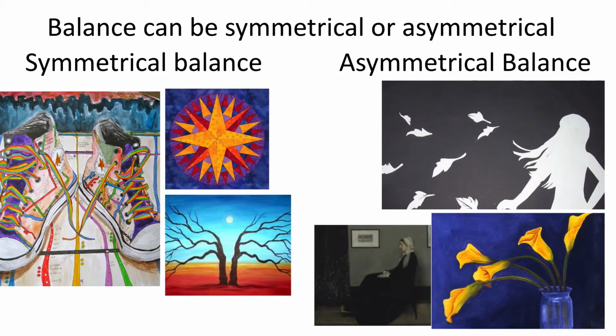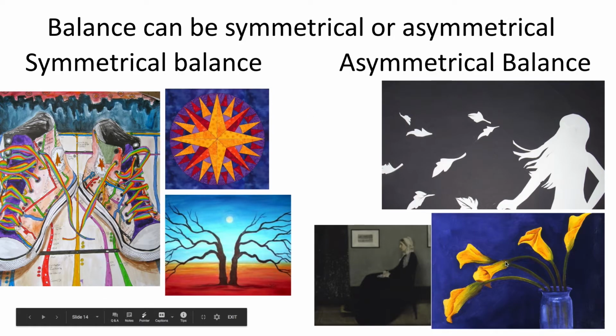Same with the famous painting, Whistler's Mother, the lady in the black dress, and she is balanced by that heavy curtain that's hanging there. And the same kind of idea with those flowers, the flowers that are dipping down to the left-hand side is giving it a good visual weight, kind of like balancing it, but not exactly the same. So that's asymmetrical balance.